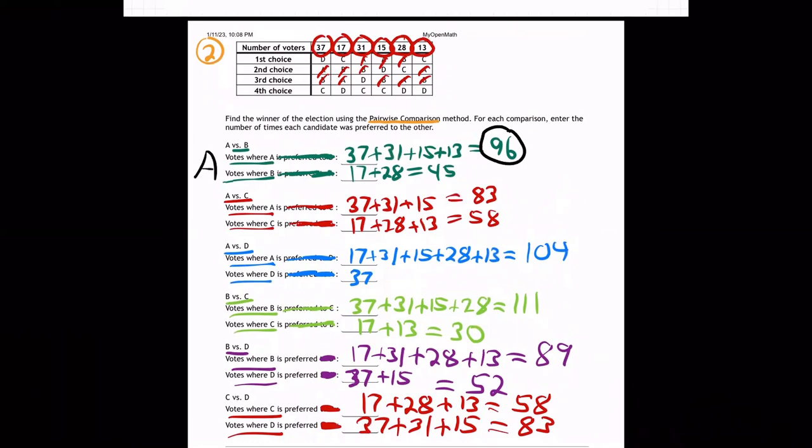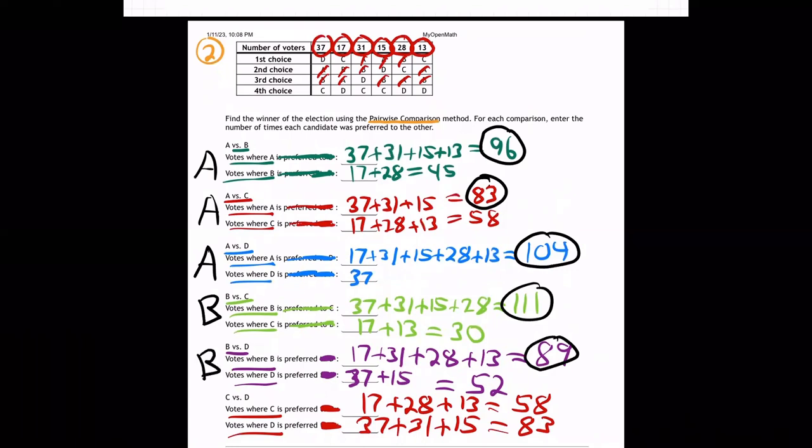In the second one-to-one matchup, 83 again for A. In the third one, 104 again for A. Then B and C, 111 for B. Next one, 89 was again B. And finally, C versus D, 83 for D. So there's how it went.